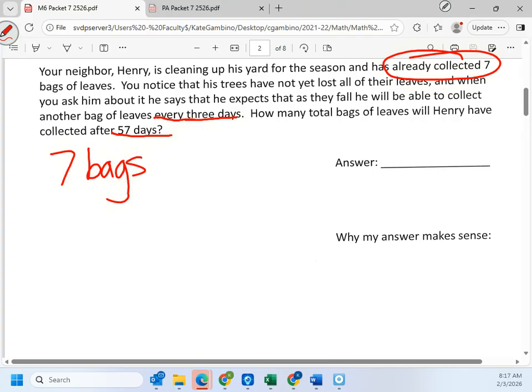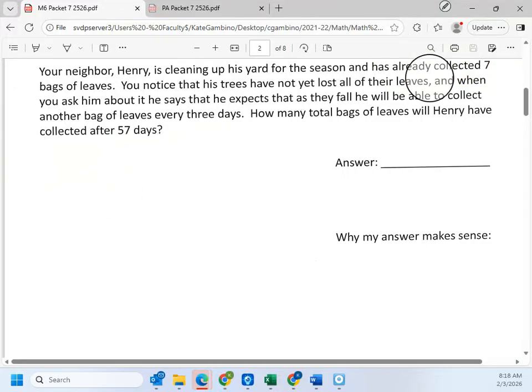So think about what operation we have to do. If we have 57 days, but we break it down into every 3 days, and don't forget, he started with 7 bags. So you have to include that in your answer. See if you can figure out what operation to do. And don't forget those initial 7 bags.